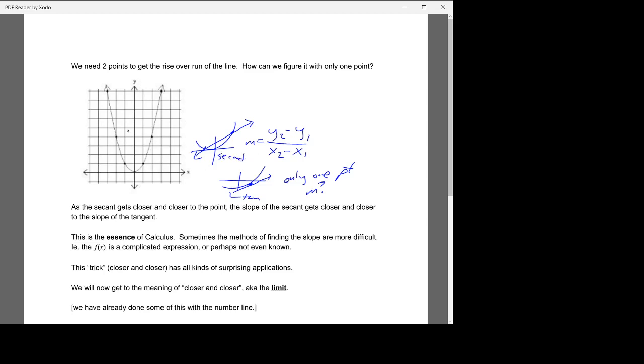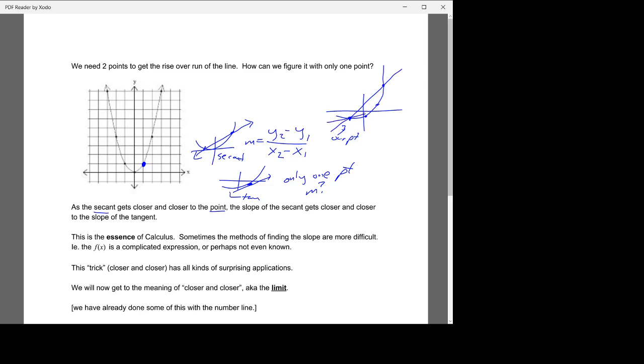But the interesting thing is, as the secant lines get closer and closer to the point, the slope of the secant gets closer and closer. So if this is our point, we can select other points that get closer and closer to it.